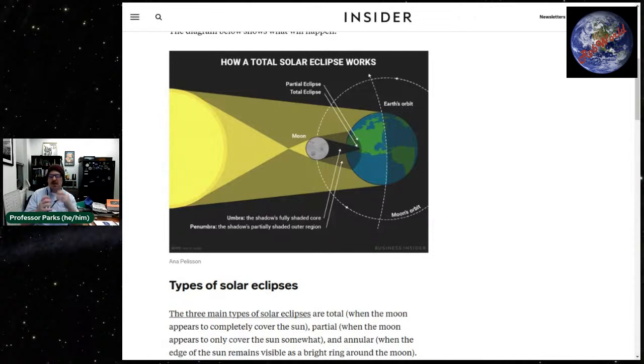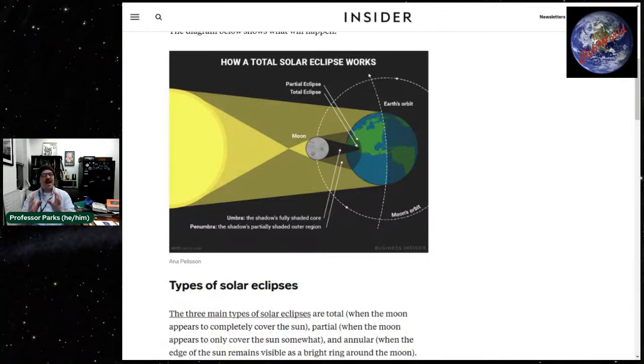Then you have annular eclipses. As I mentioned last time, I showed a simulation of the moon's orbit around the Earth using Universe Sandbox. Great program, highly recommend it. If you look at the orbit of the moon, it is noticeably non-circular, meaning that it's elongated, it's elliptical.